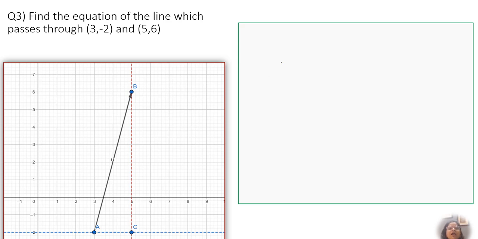But here, because I have made a sketch and I know that the gradient of this particular line will be positive, that's just going to help, because thereafter, for finding out the gradient, we just go change in y over change in x. So over here, the points given to us are (3, -2) for A, and B is (5, 6).